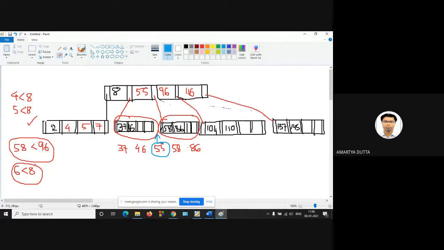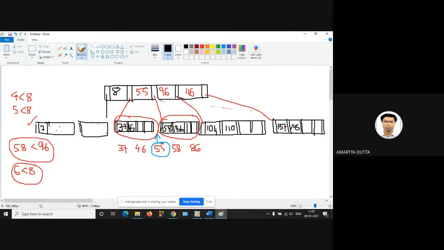So omit this one. Actually, you have to split this particular node into two halves. First of all, delete this, then split it into two halves. So this is 2 and 4.